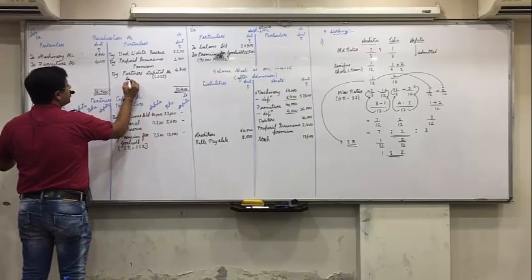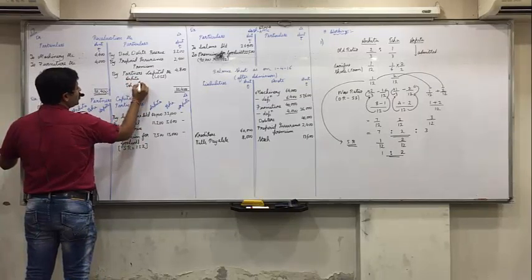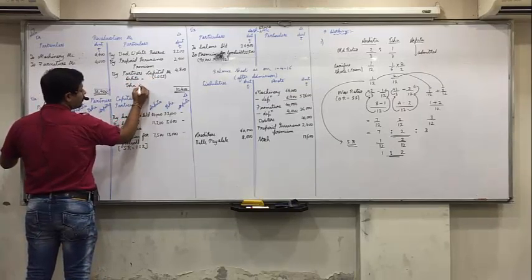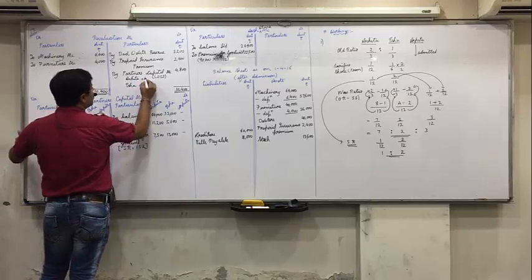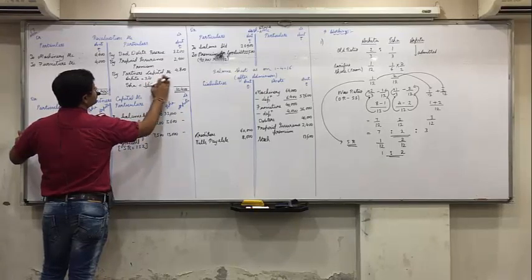We'll distribute it between old partners Ankita and Isha in the old ratio 2:1. So 4,800 into 2 by 3, 3,200, and 4,800 into 1 by 3 is 1,600.